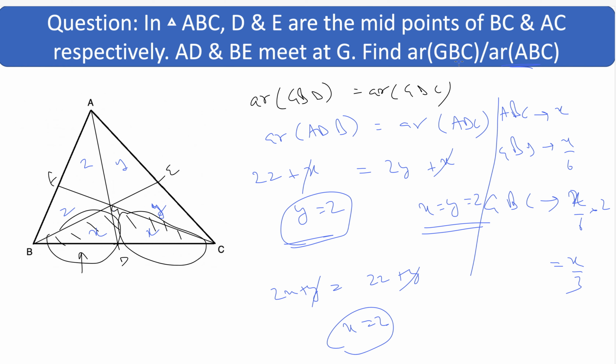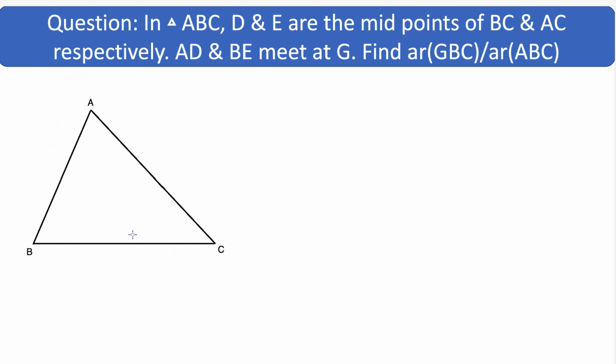They are asking the area of triangle GBC by area of triangle ABC. GBC by ABC is going to be x by 3 by x is equal to 1 by 3. So 1 by 3 is your answer. Okay, this is a very important property. We'll discuss it in a few slides. That when all three medians are drawn, it divides the triangle into 6 equal areas. Let's try to solve this by another method.